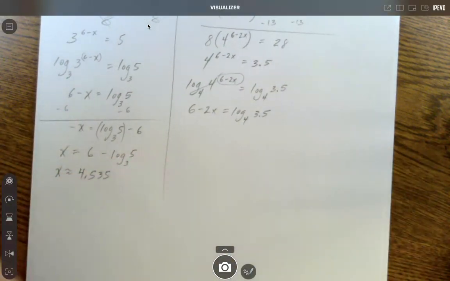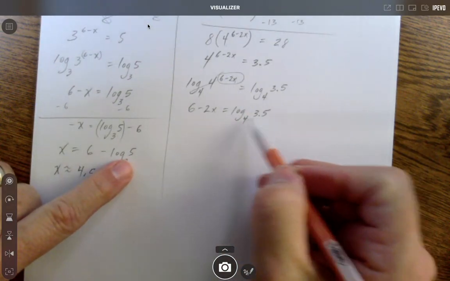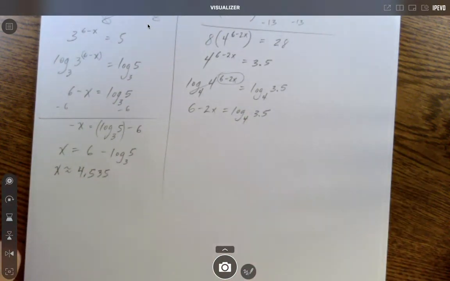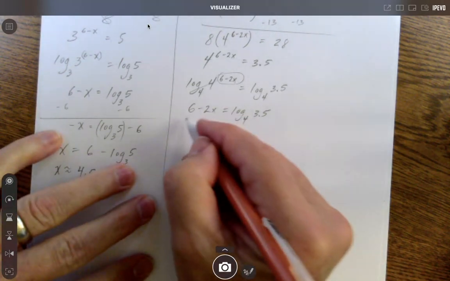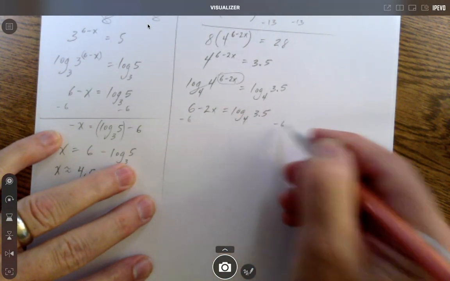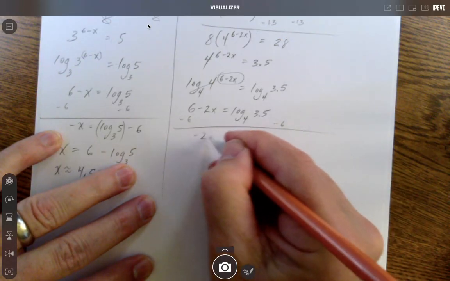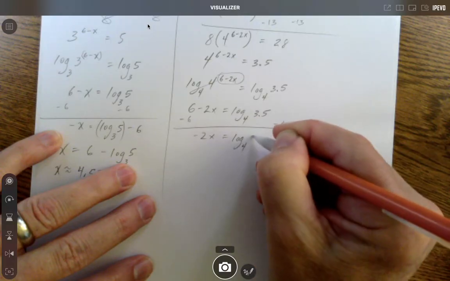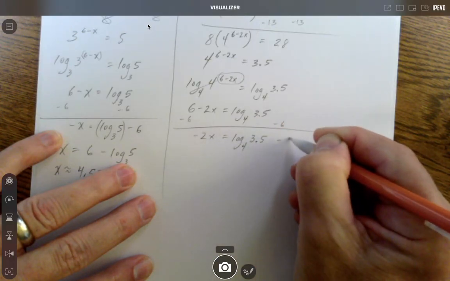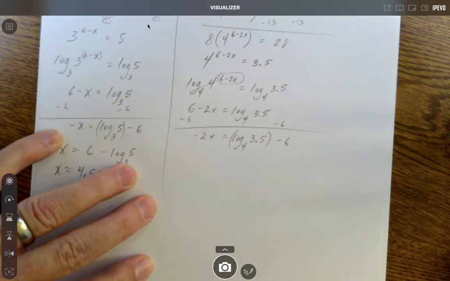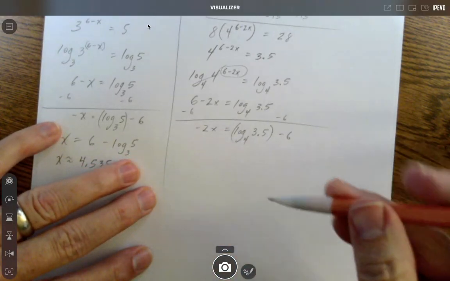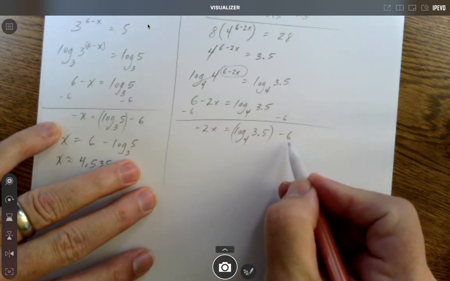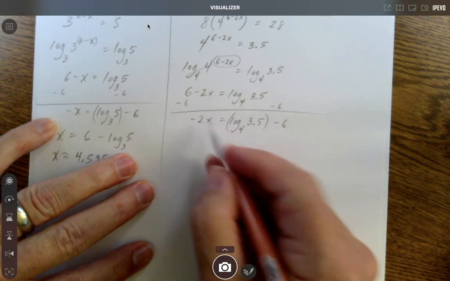And now it's just a matter of solving for x. If all you want is the approximation, you could go ahead and turn that into a number at this point, but I'll wait to the end. So we'll take away 6 from both sides. So negative 2x equals log base 4 of 3.5 minus 6. Now divide by negative 2. When I divide by that negative, it's going to change the sign, so I'm going to put the 6 first.